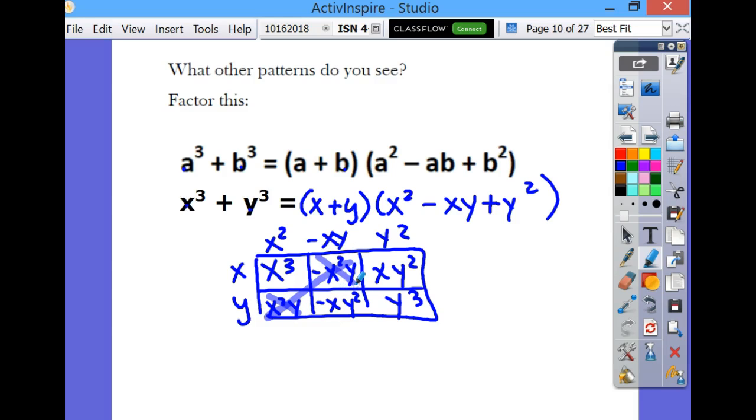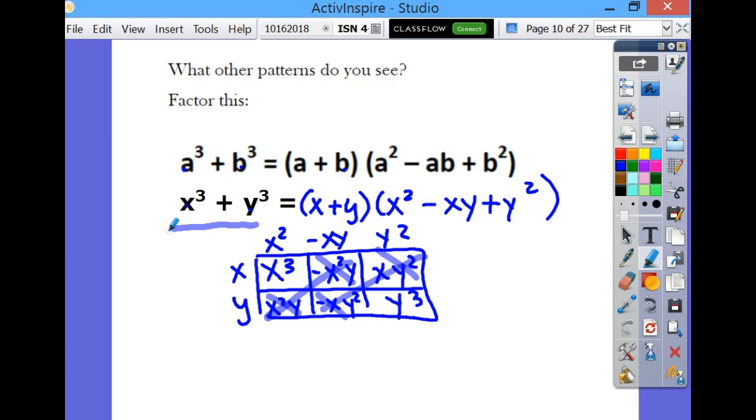They cancel out because they're the same term with opposite signs, and you are left with these right here. That's what it means when you factor it. It means if you multiplied these two together, you would get the original problem back.